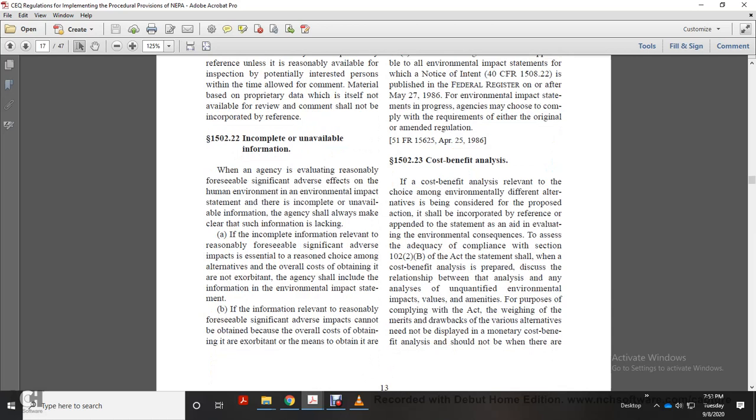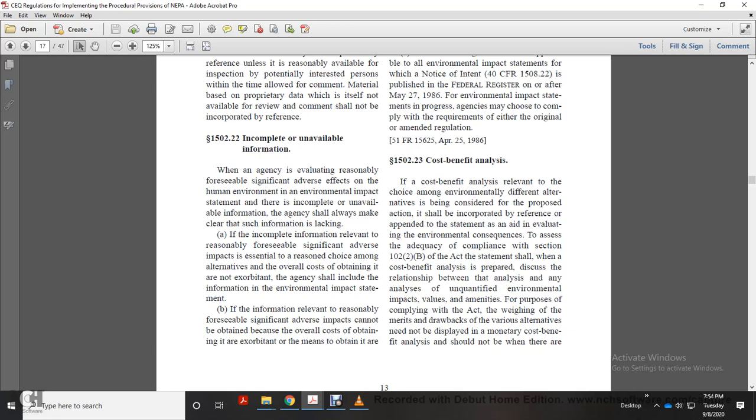Alright, 1502.23 Cost-benefit analysis. If a cost-benefit analysis relevant to the choice among environmentally different alternatives is being considered for the proposed action, it shall be incorporated by reference or appended to the statement as an aid in evaluating the environmental consequences, for adequacy of compliance with section 102(2)(B). To assure that the important qualitative considerations and the relationship between the analysis and any unquantified environmental impacts, values, and amenities are not given短shrift, the statement shall discuss that relationship for the purpose of complying with the Act, weighing the merits and drawbacks of the various alternatives.